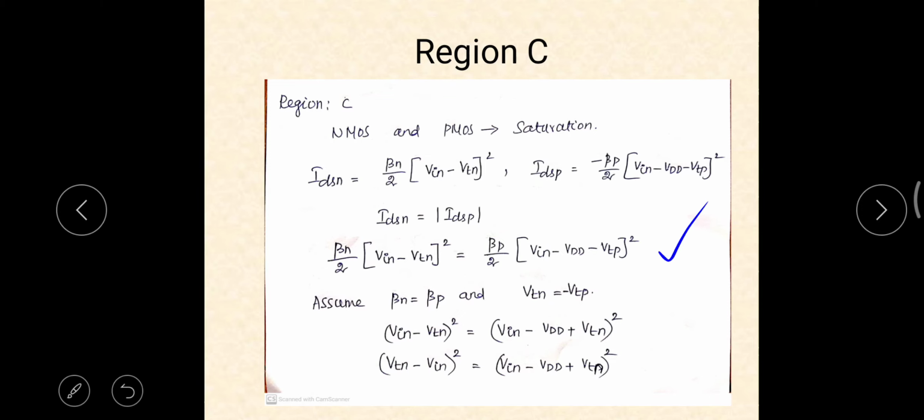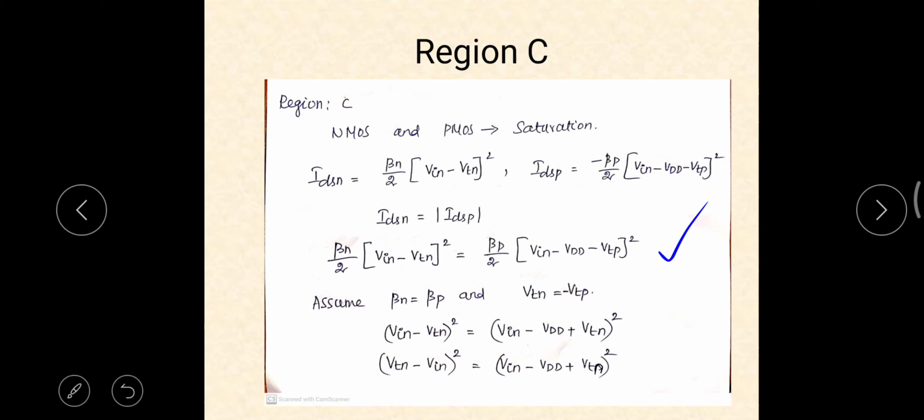Here in region C, the curve is sharply decreasing from high to low. When the curve is suddenly falling, we can't express any equations for that. So here I am going to make some assumptions to find at which value there is a sharp transition.